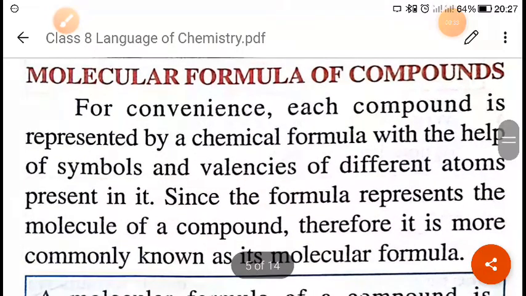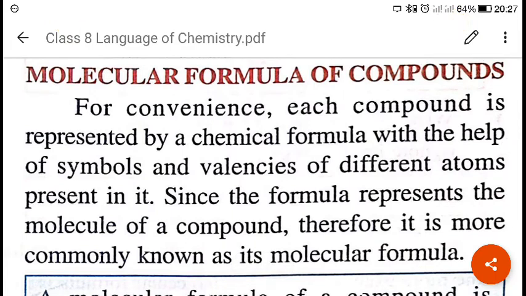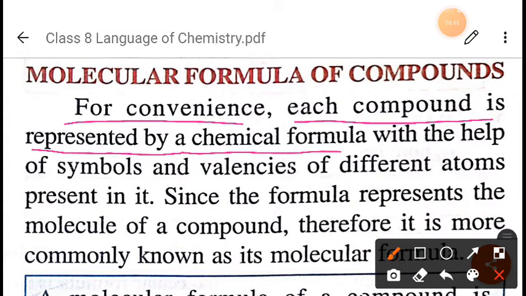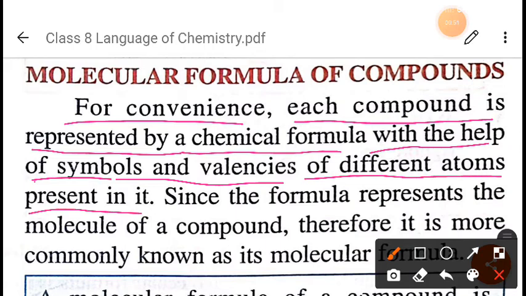Why has this concept, the molecular formula, come into being? For convenience, each compound is represented by a chemical formula with the help of symbols and valencies of the different atoms present in it.